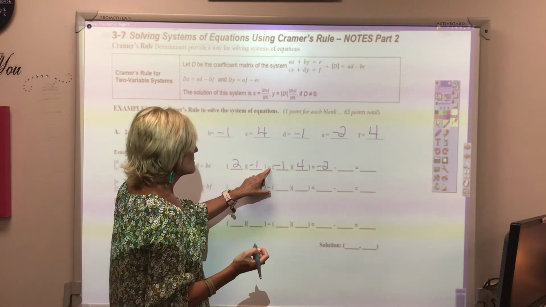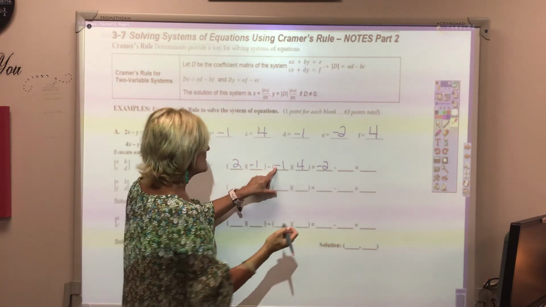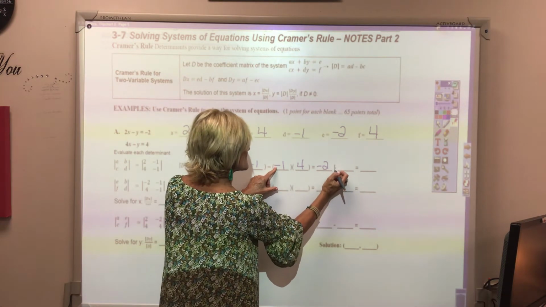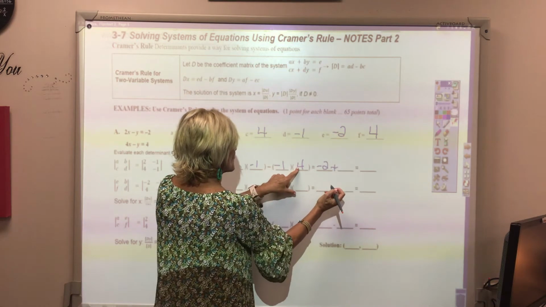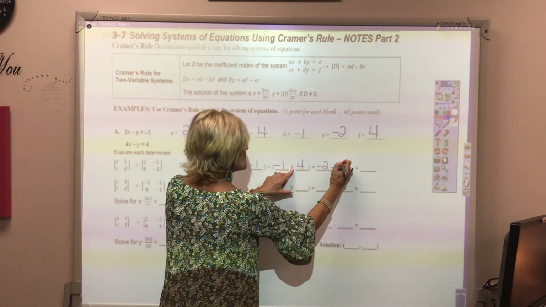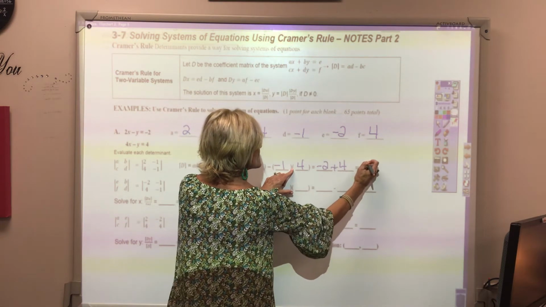And then we've got minus a negative, so this is going to be a plus 4. So the main determinant is 2.